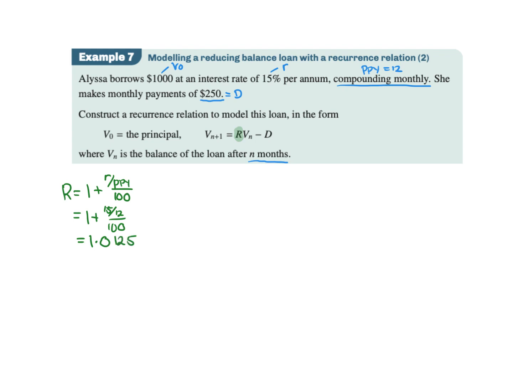Okay, so now we can write the recurrence relation, where we have to write V0, which is 1,000. Then we write the recurrence rule, where I've got to put that R value in, which I just calculated, times Vn, and then we just have to put the monthly payments. They did tell us that up there, which is D, so minus 250.